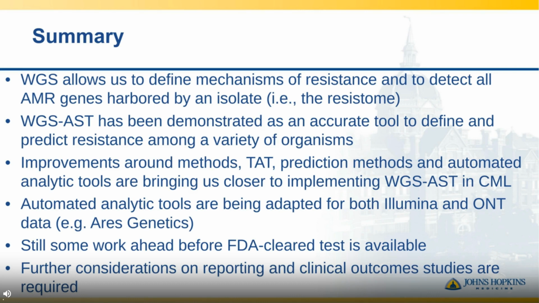And these automated analytic tools are being adapted for use with both Illumina and Nanopore data, which is great, as was shown with the research that I summarized here with Ares Genetics. There's still some work ahead before these assays can be FDA cleared for clinical use, where there needs to be further consideration on reporting, and clinical outcome studies are required.